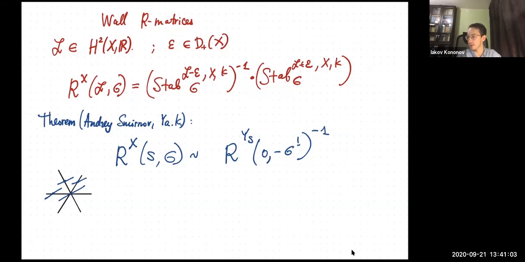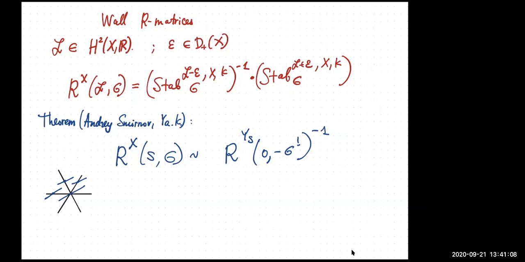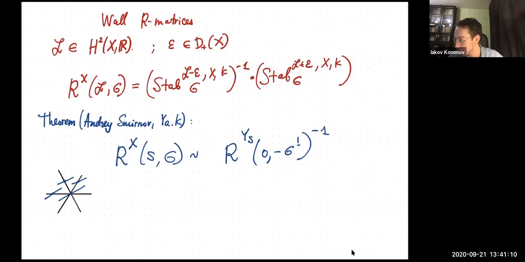And the theorem that follows from that limit theorem is that the R matrix for the original variety of some slope S is the same as the inverse to the R matrix of the slope 0 of the fixed subvariety of the dual variety.